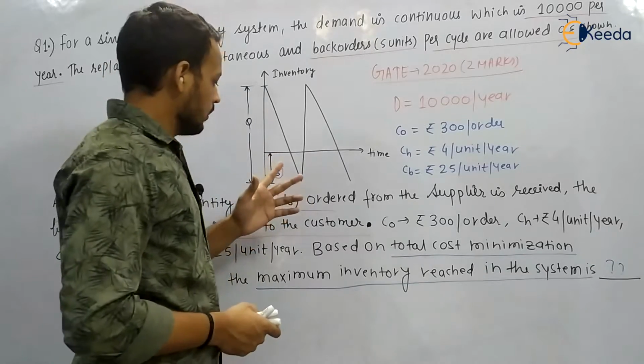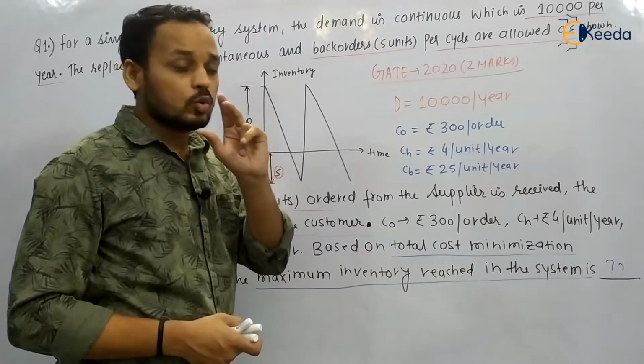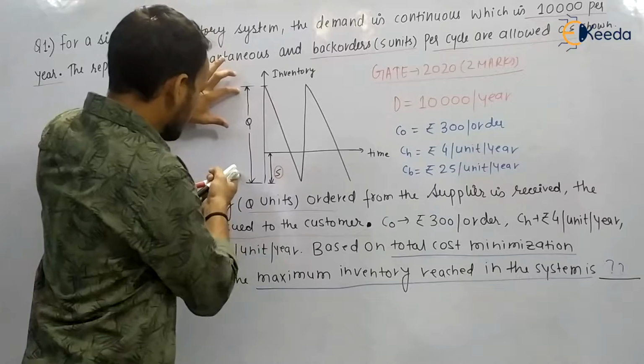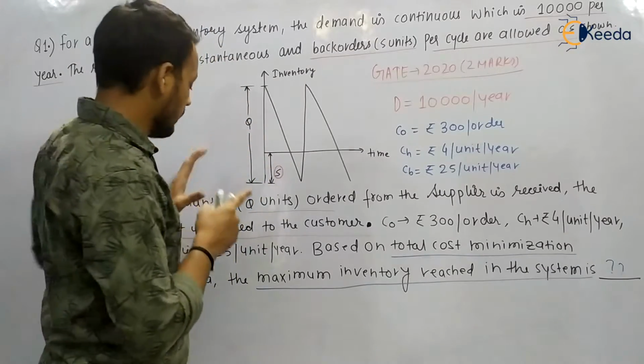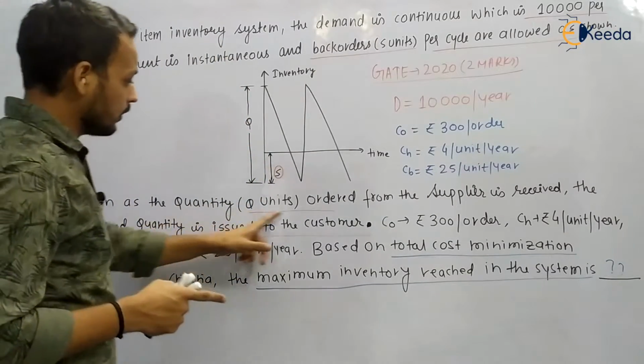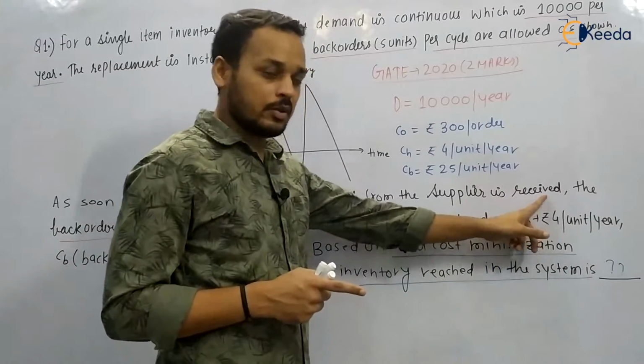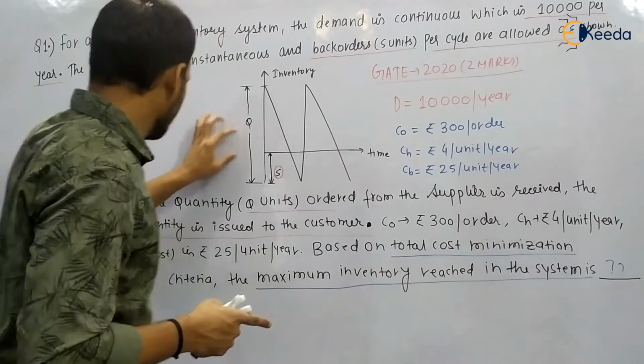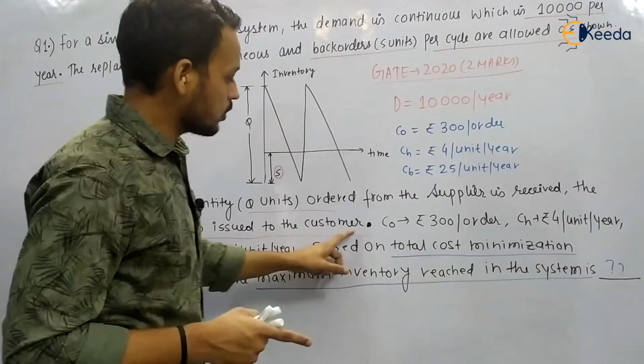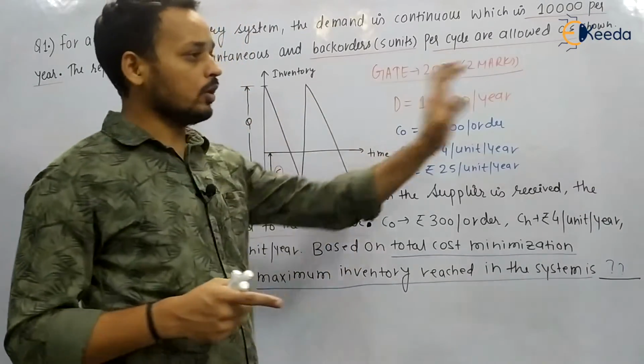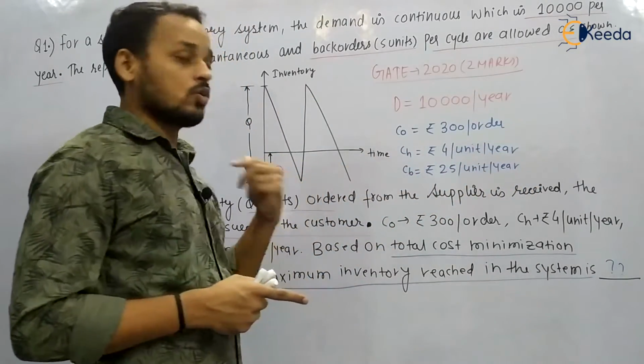It means the total quantity which is going to reach in the system is Q minus S, because as soon as the quantity Q ordered from the supplier is received, the back order quantity is issued to the customer. This quantity is given to the customer because it was the shortage for the customer.